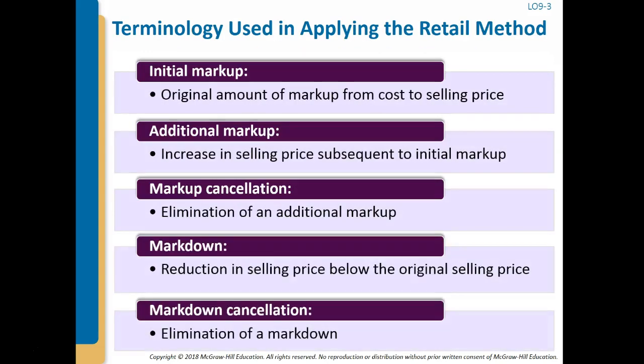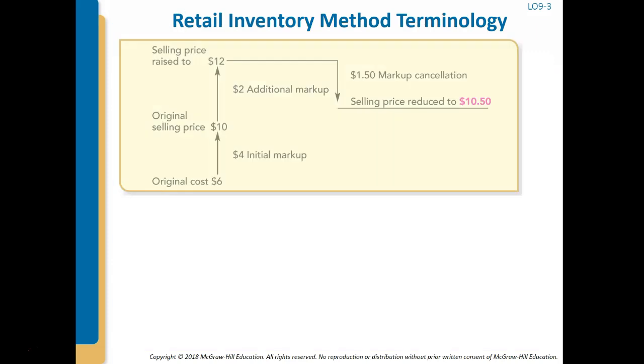The following items are associated with changing retail prices of merchandise inventory: initial markup, the original markup from cost to selling price; additional markup, an increase in selling price subsequent to initial markup; markup cancellation, the elimination of an additional markup; markdown, the reduction in selling price below the original selling price; or markdown cancellation, the elimination of a markdown.